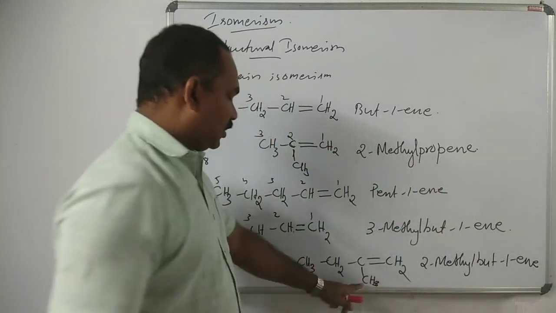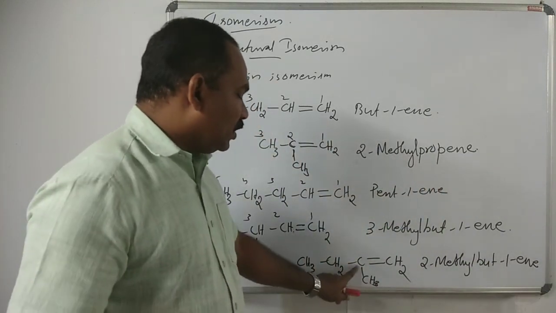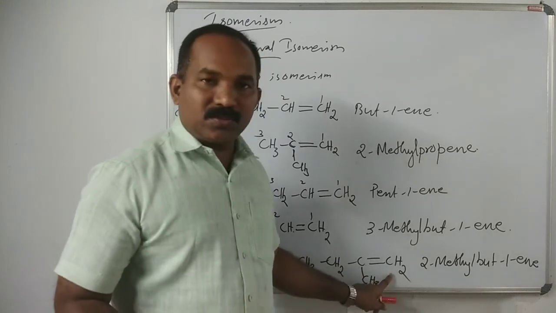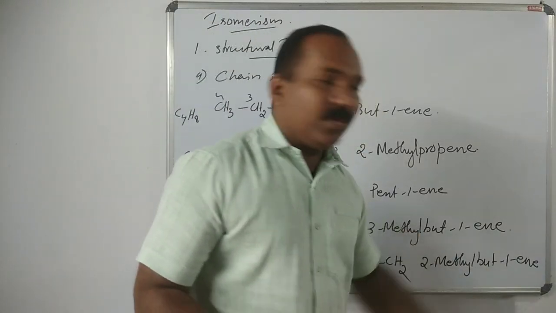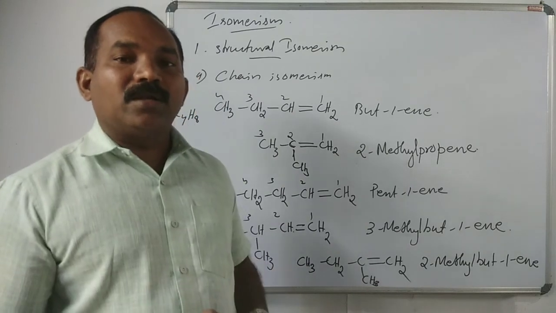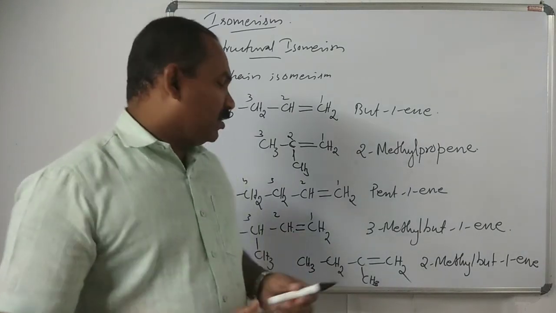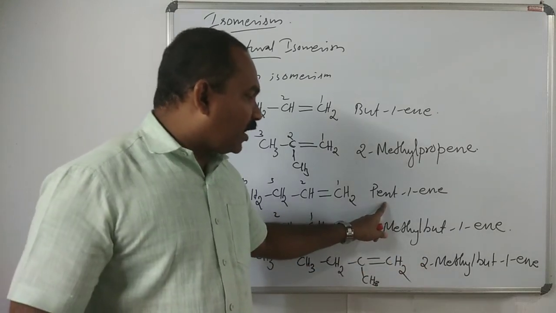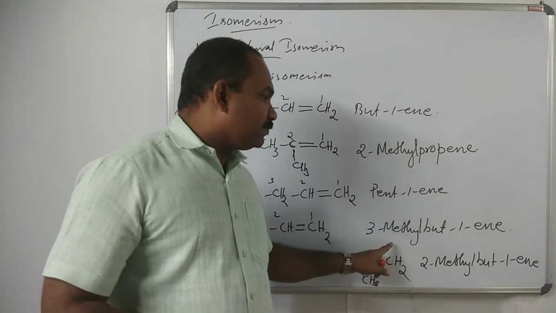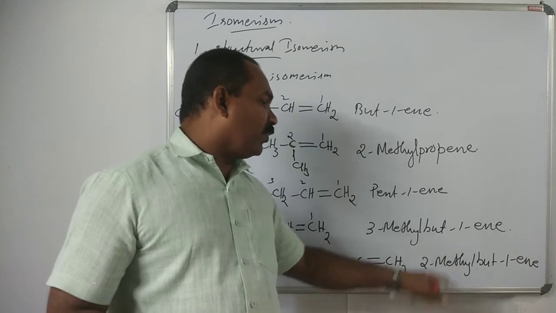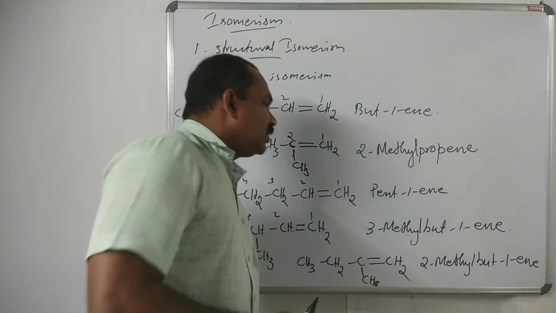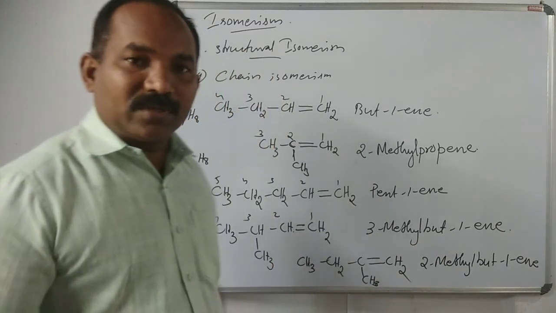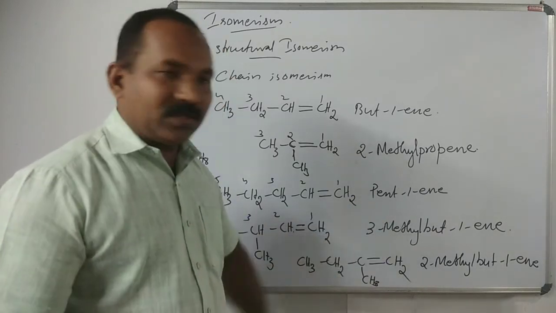Here is CH3, CH3, CH2, CH3, CH2. 2-methylbut-1-ene. Okay, 2-methylbut-1-ene. And listen, pent-1-ene and 2-methylbut-1-ene, these two are chain isomers.